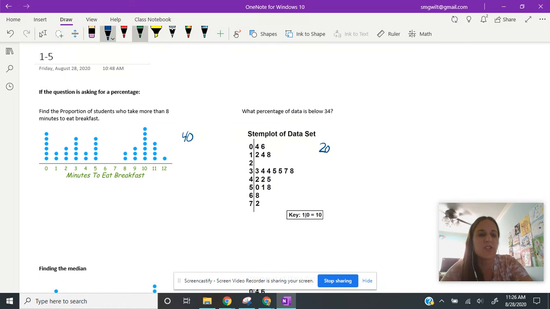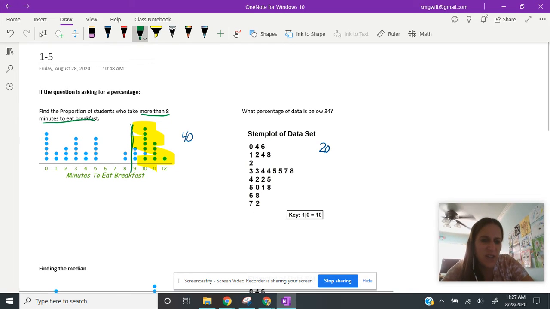So the first question here is asking what percentage of students take more than 8 minutes to eat their breakfast? If 8 minutes is here, it's asking what this percentage is here. So I have to count those values. If I count how many dots are there, we've got 1, 2, there's 10 and then 15.